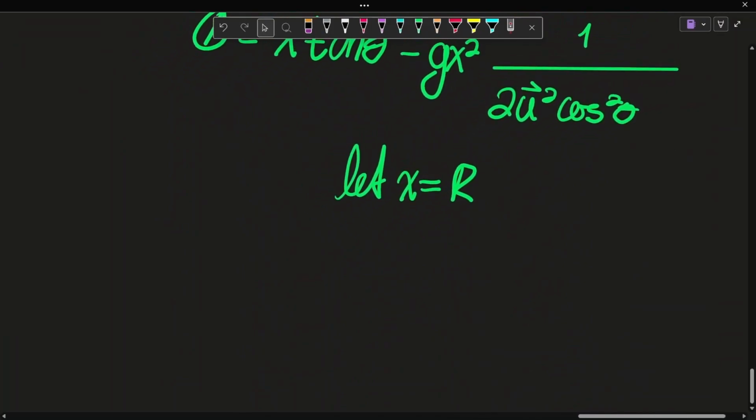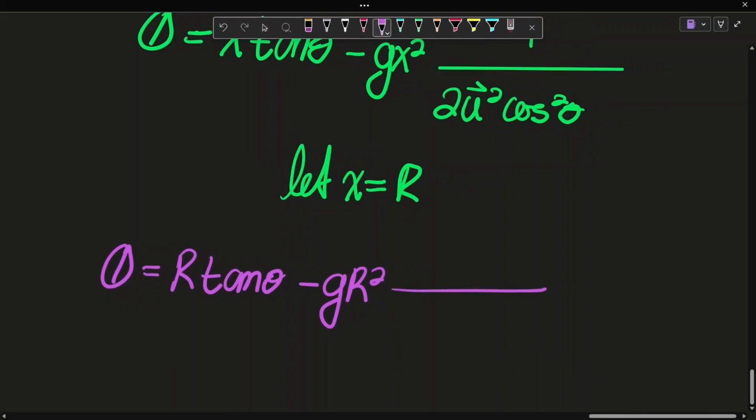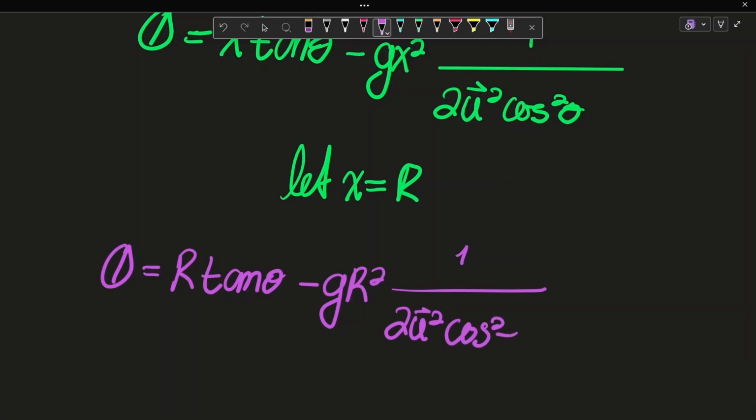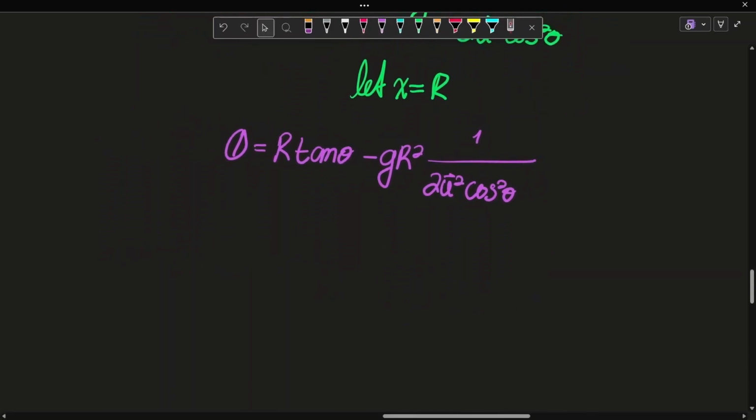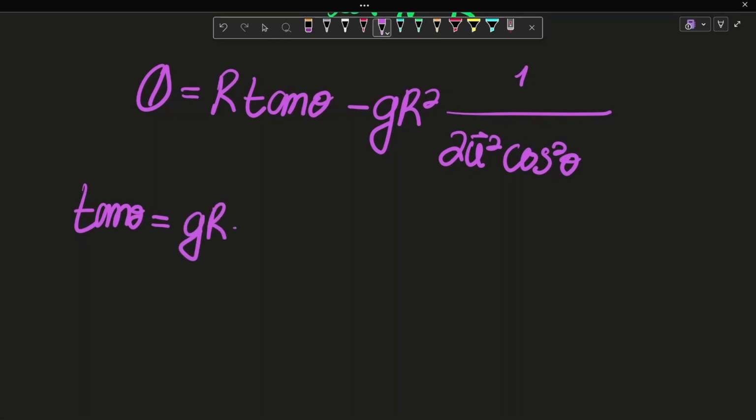So now we see that 0 is equal to r tan theta minus g r squared times 1 over 2u squared cos squared theta. Now let's isolate for r. We bring it to the other side. We get that tan theta is equal to gr times 1 over 2u squared cos squared theta.